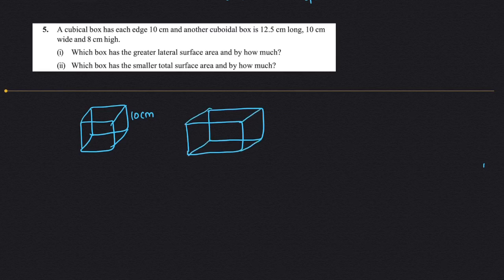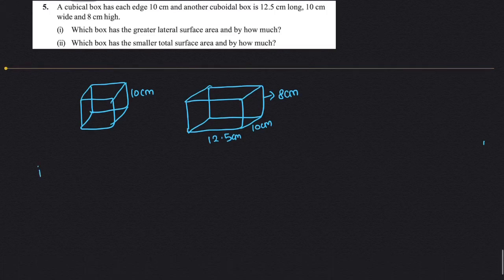Here it is 12.5 centimeter long, so this one is 12.5 centimeter, and wide means 10 centimeter and the height 8 centimeter. So which box has a greater lateral surface area?